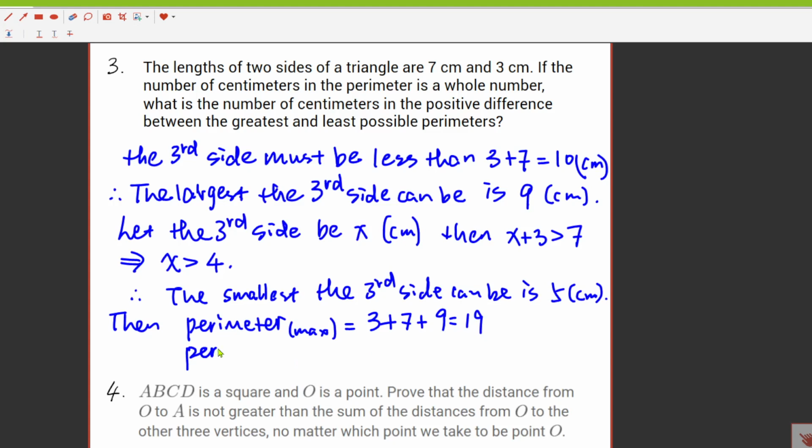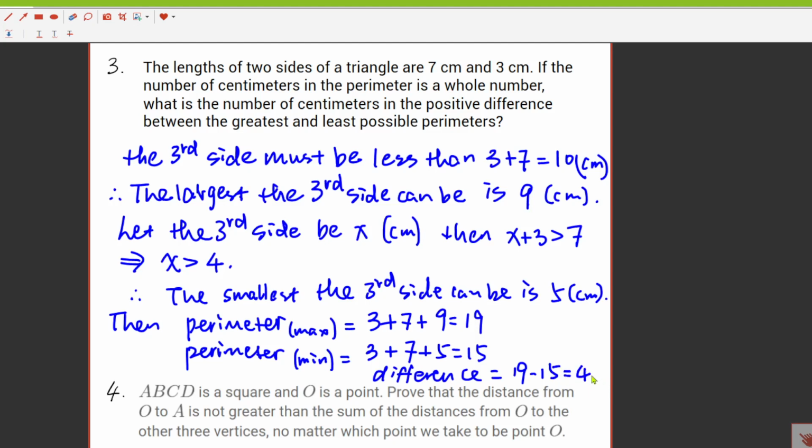And the least perimeter, which is the minimum, is 3 plus 7 plus 5, which is 15, right? And their difference must be 19 minus 15, which is 4 centimeters, right? So the correct result is 4 centimeters.